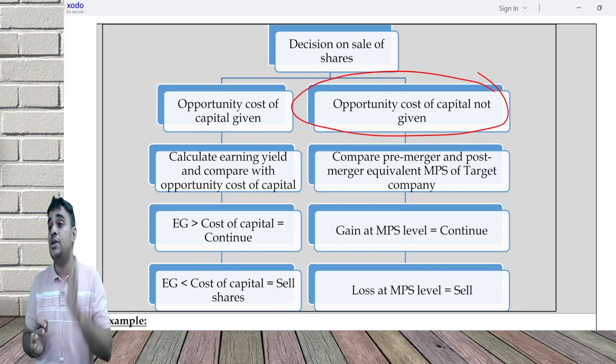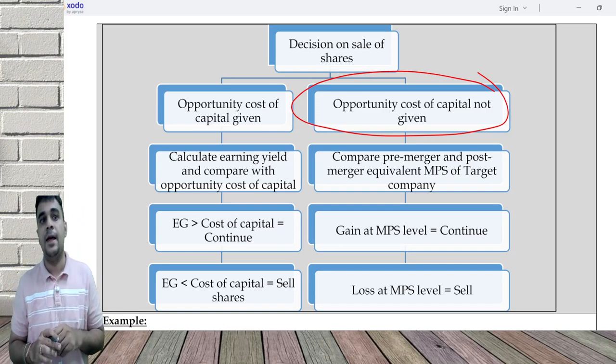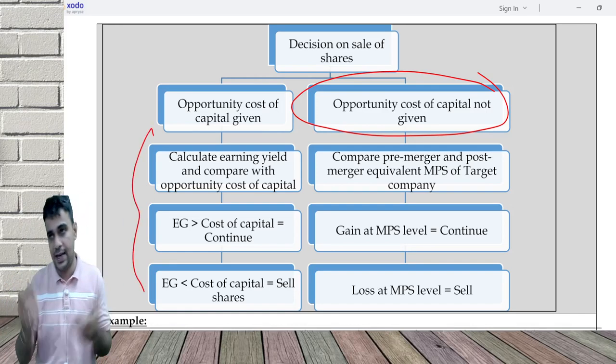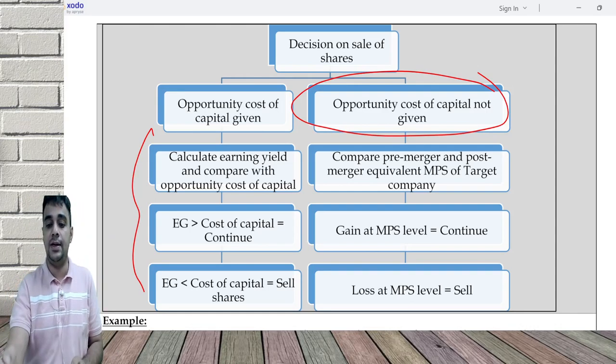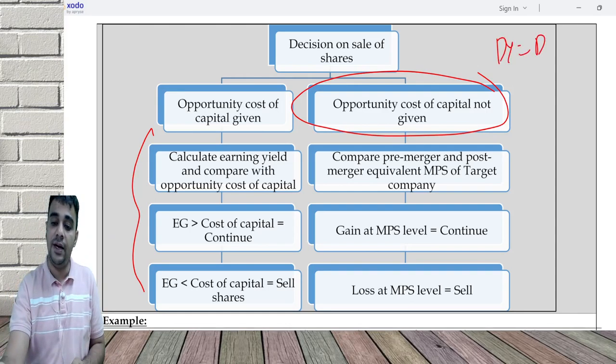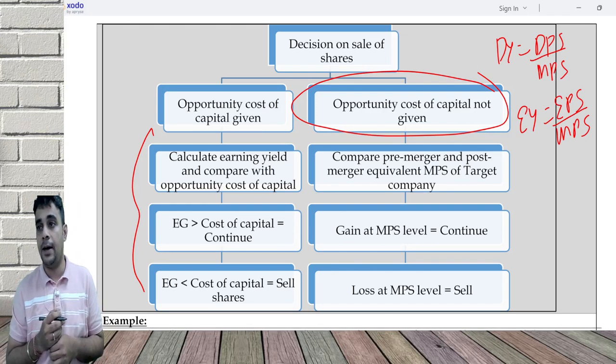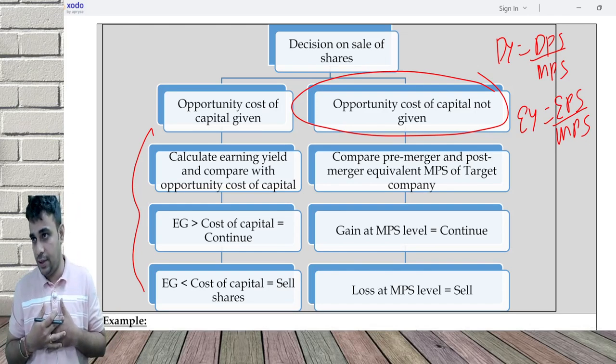If there is an opportunity cost of capital given, which is not a very logical thing, but ICAI has added it, we calculate something called earnings yield. Like you have dividend yield, which is dividend by market price, earnings yield is EPS by market price. I am the TC shareholder.